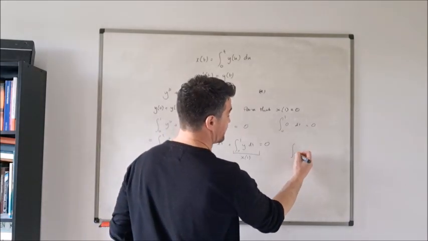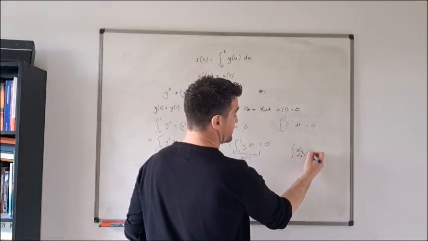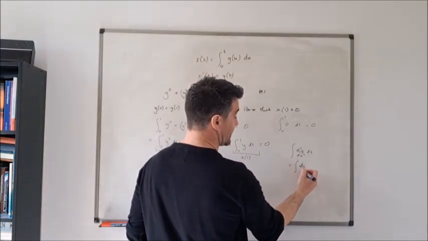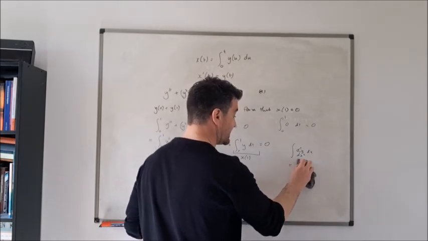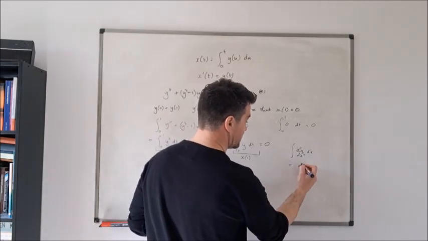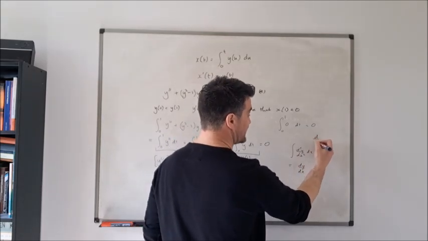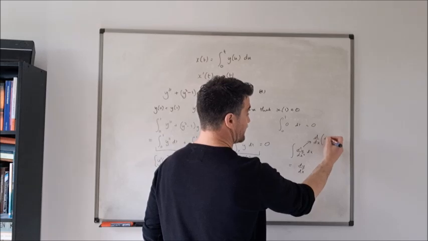This is comparable if you wanted to integrate, for example, d2y by dx squared with respect to x. What would you get? Sorry, you'd just get dy by dx. Remember that d2y by dx squared is just the derivative of the first derivative.